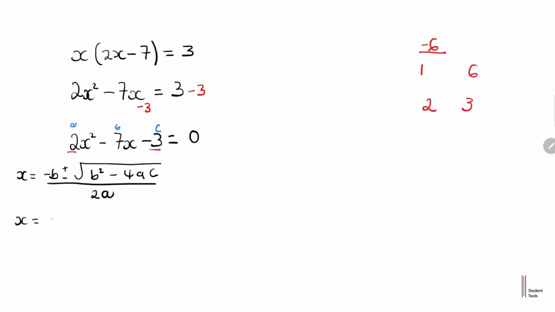We have b as negative 7, so instead of b we will have a minus negative 7, plus or minus the square root of b squared, so that means negative 7 squared, minus 4a, where a is the coefficient of x squared, that is 2, and c is the constant, that is negative 3.